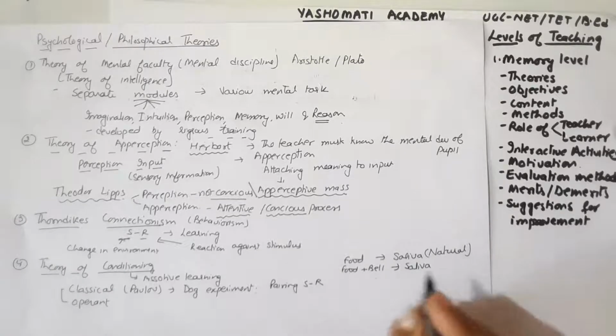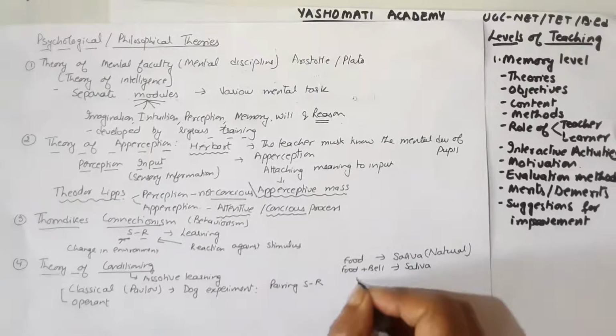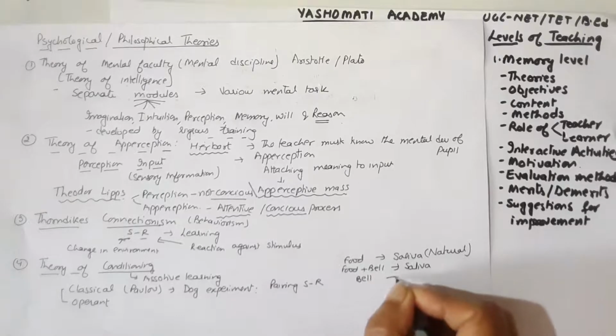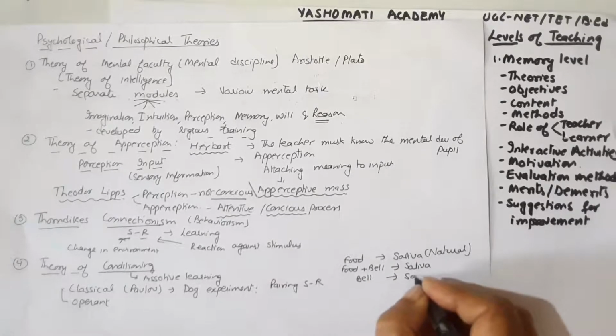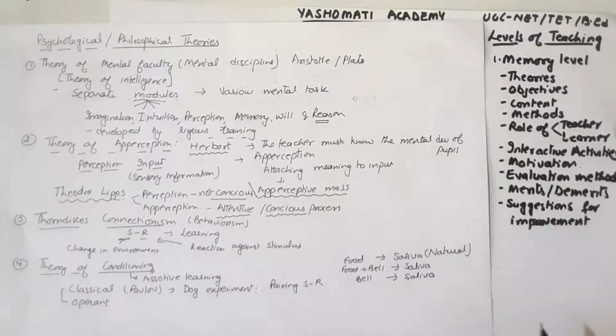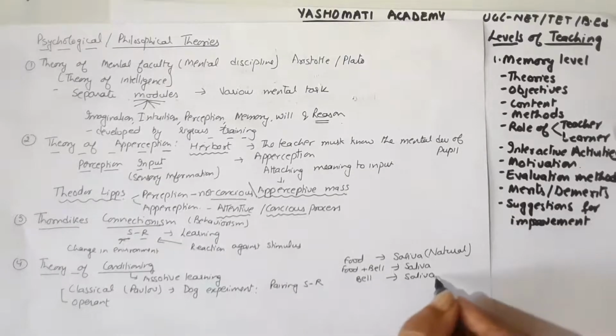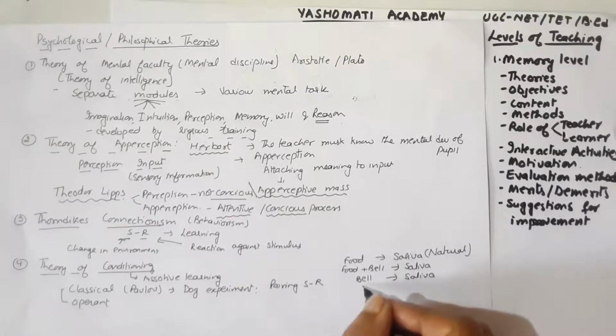But in the later stages, when food is removed and only the bell is rung, even then the dog produces saliva in the mouth. That means the response has been attached to an artificial stimulus. Otherwise, in natural circumstances, a dog doesn't produce saliva with the ringing of a bell.